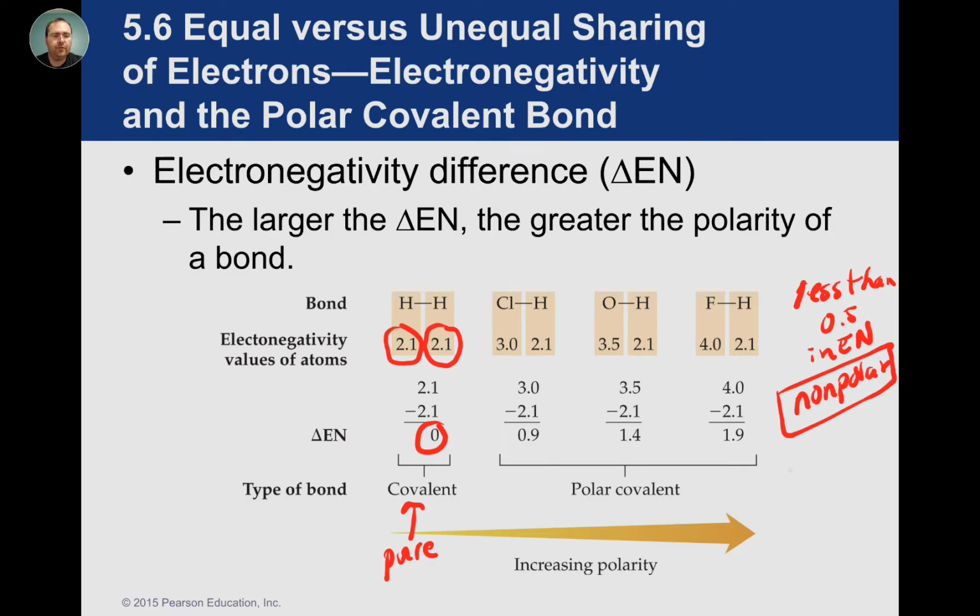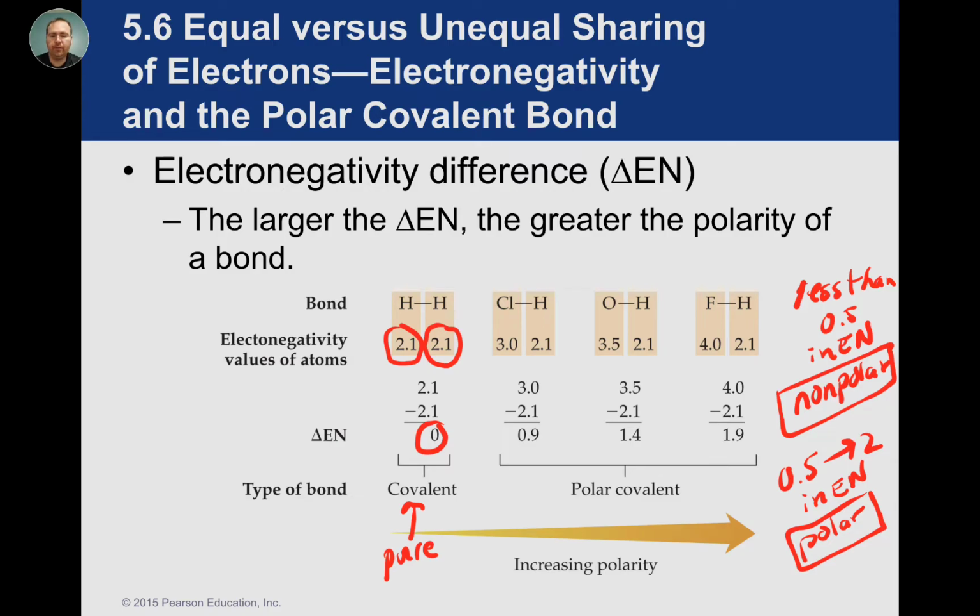That's different than if you're from 0.5 all the way up to, say, 2 in electronegativity. We would call those polar bonds. Those definitions we're going to use for at least two exams, both exam 2 and exam 3. As we look at some of these polar bonds that they show here, notice they've labeled them polar covalent for being 0.9, 1.4, and 1.9. We're just telling you that 0.5 is kind of the line in the sand of where to make the distinction of not polar enough, so nonpolar.